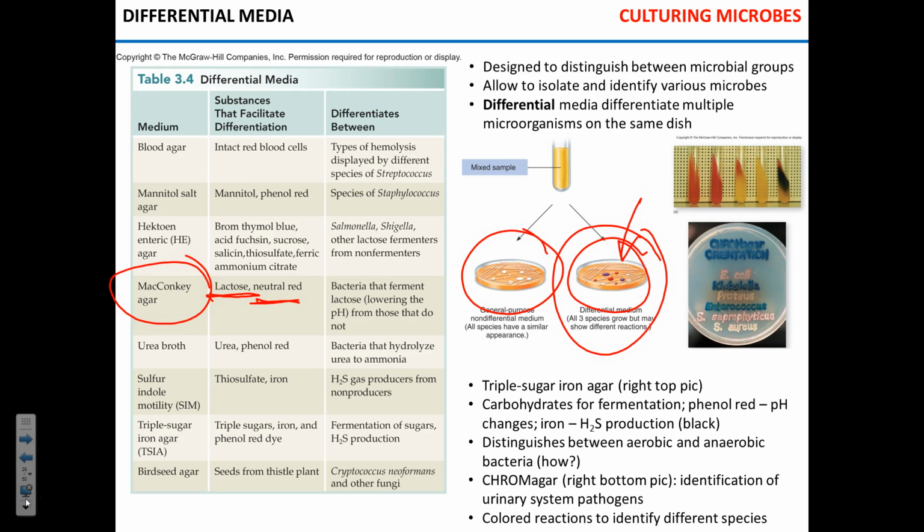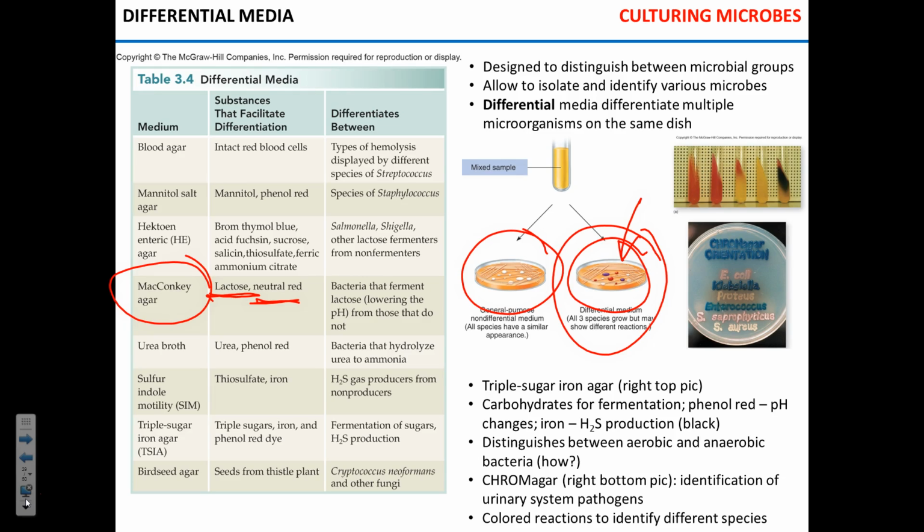Now, MacConkey agar is both selective and differential. It selects for gram-negative microbes from the intestines and differentiates those gram-negative microbes based on their ability to ferment lactose.